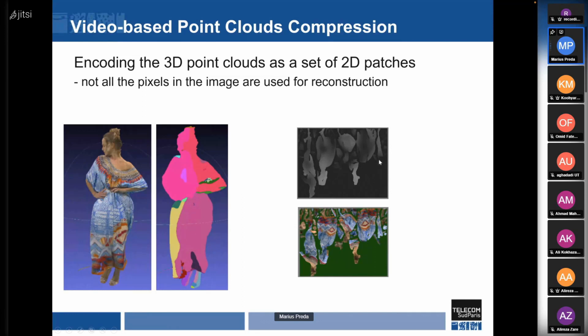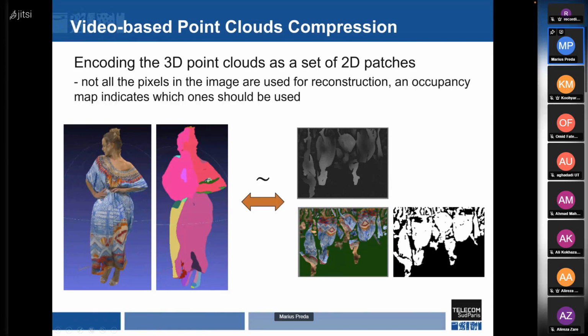Of course, not all the pixels are useful, because we are transmitting these images, videos, and we decode them, and we observe that some pixels are not useful for the reconstruction. So we have to signal that to the decoder. This is why we have an additional occupancy map indicating which of the pixels from these maps are to be reconstructed.